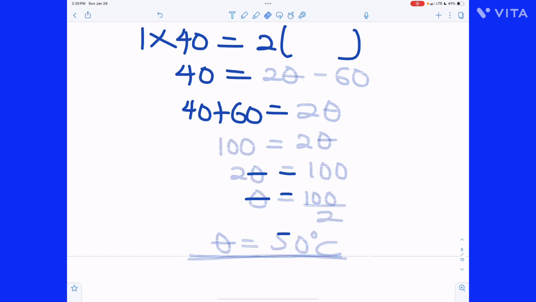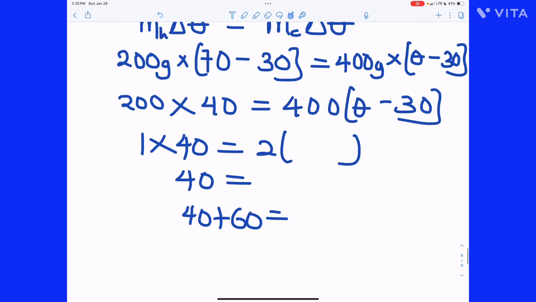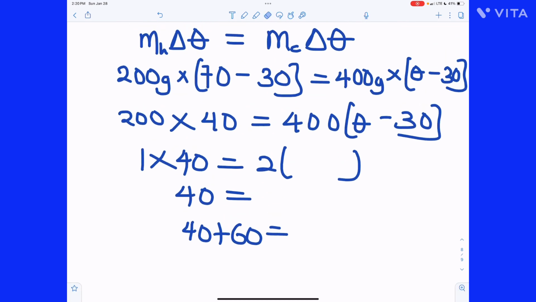That's why my answer is not correct. Sorry for that mistake. The change in temperature of cold water would be 30 minus theta because it's coming from a cold value theta to a higher value 30. So this should be 30 minus theta, not theta minus 30.